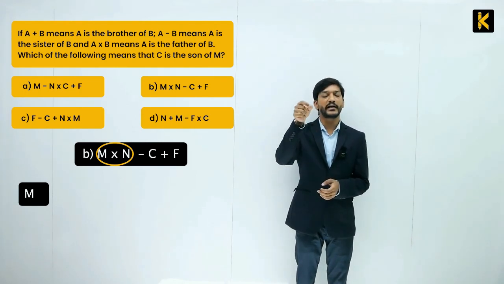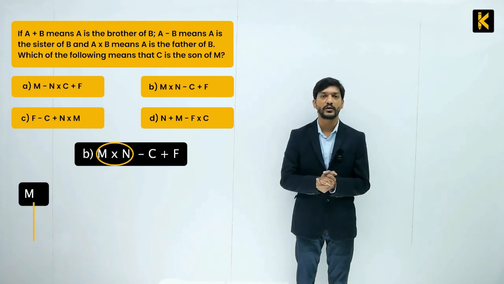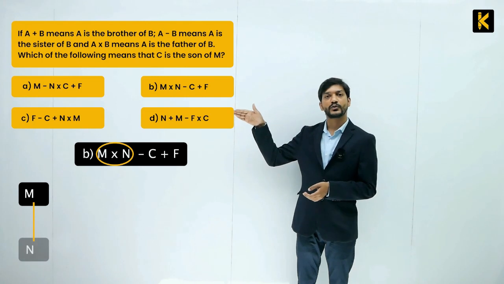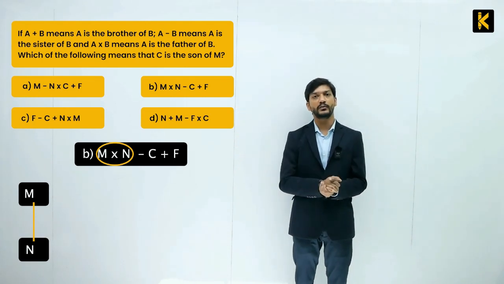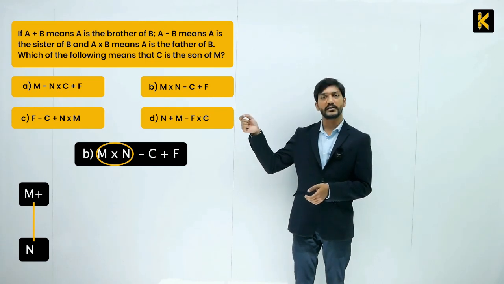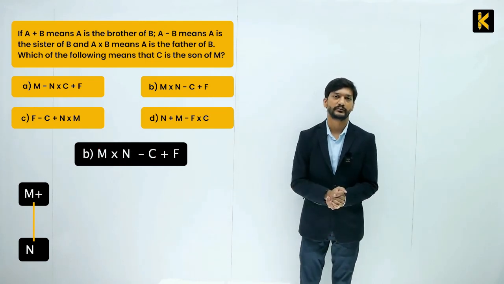And father is a direct relation, so a single line has to be drawn. And father has to be one generation above, so N has to be one generation below. Okay, so M is a male, so M plus, single line, N.